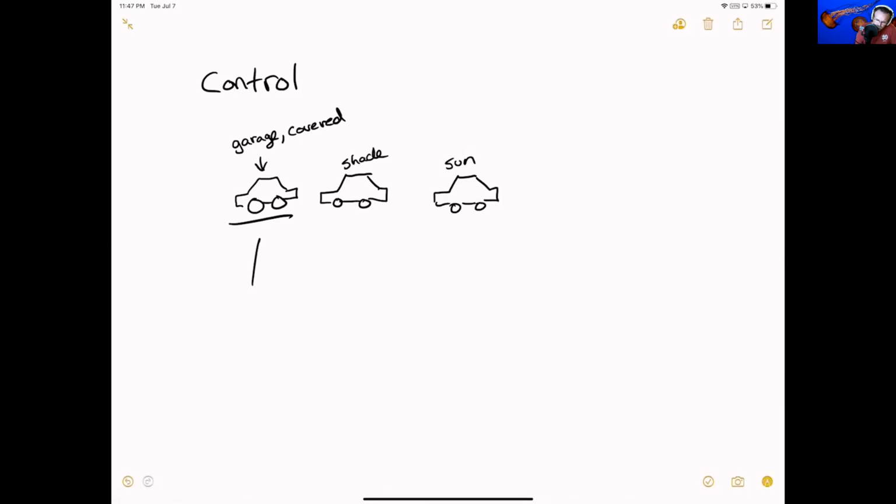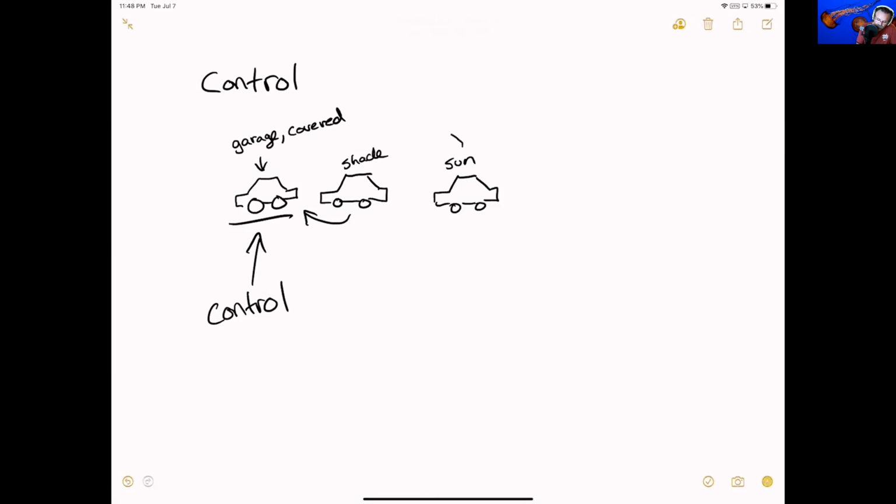This right here is our control group. So after the experiment, you leave a car outdoors in the shade for a while. You're going to compare the car that's in the shade to the car that was in the garage and covered, because the car that's in the garage and covered should have no changes to the paint, really. It's just in a nice dark condition. It's covered, nothing can touch the car. So it's the one that we're keeping pristine.